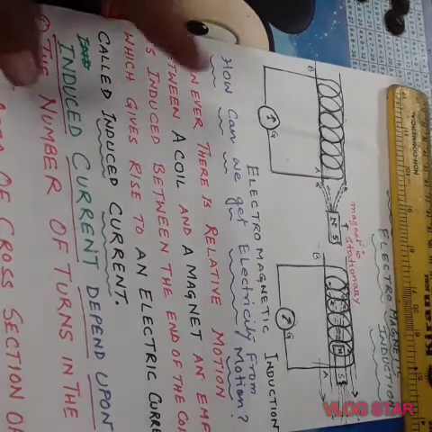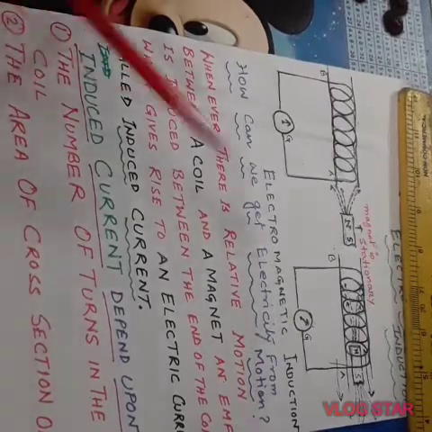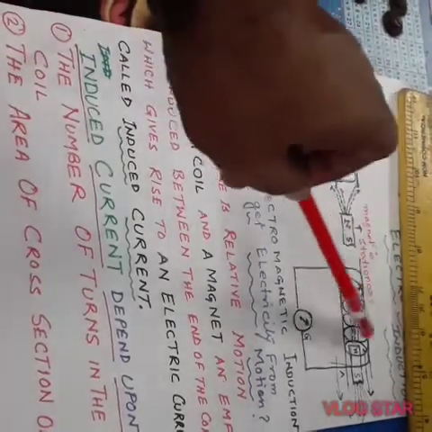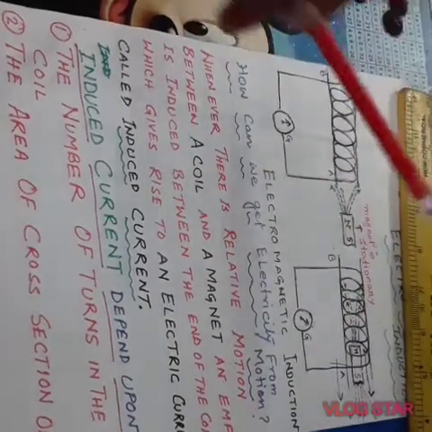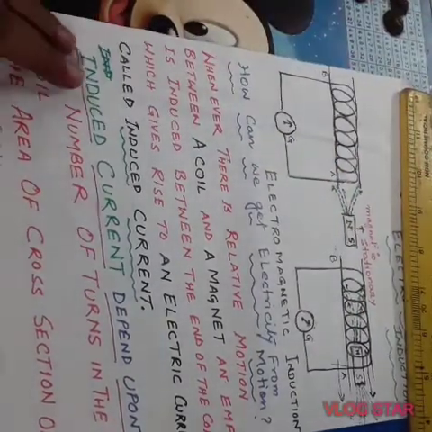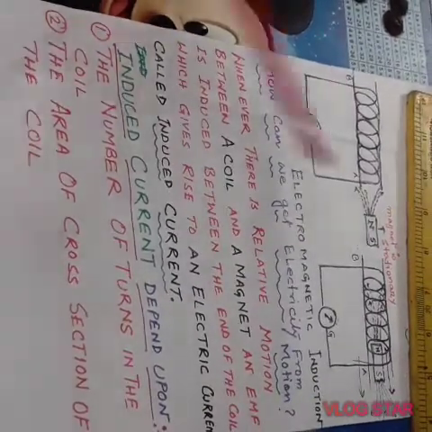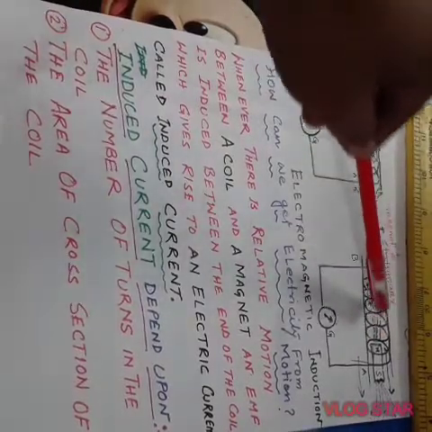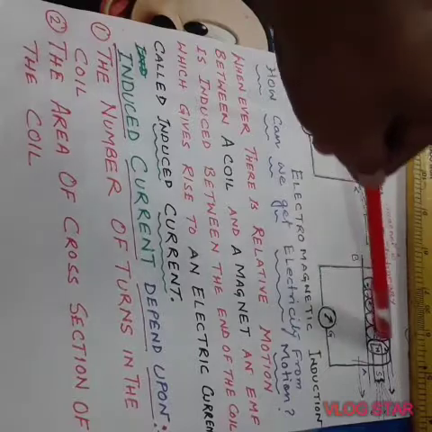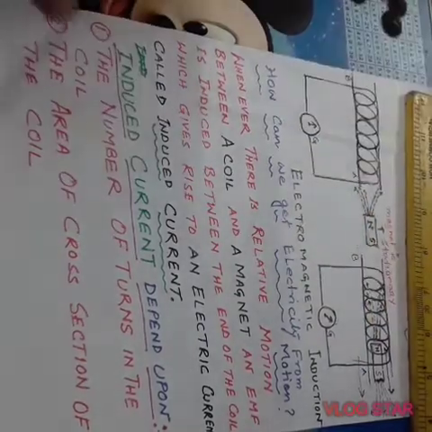Number one, the number of turns in the coil, that means the more the number of turns, the more the induced current. And the second point is the area of cross section of the coil, that means the more the number of lines of magnetic force flowing through this cross section, the more the current will be.